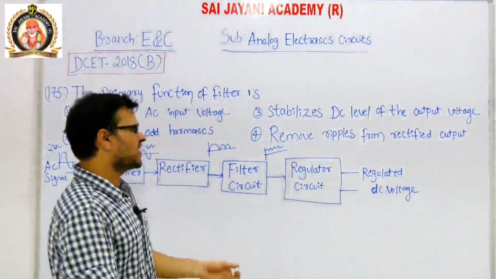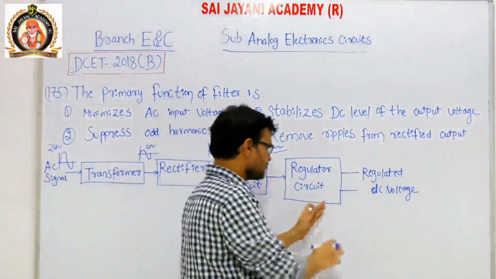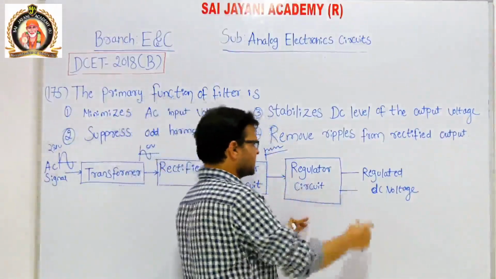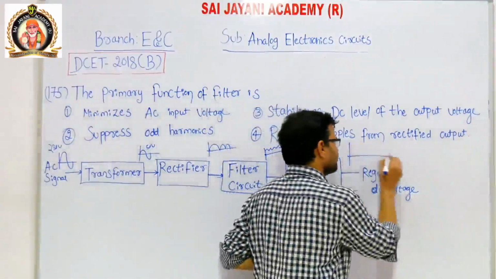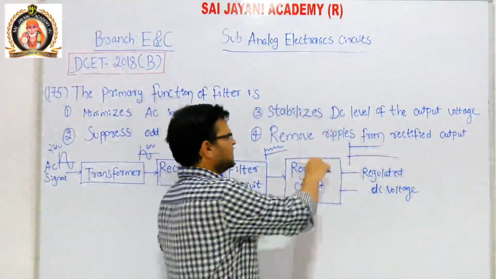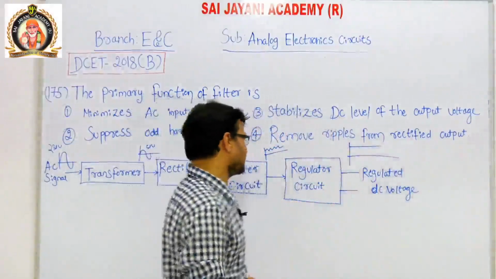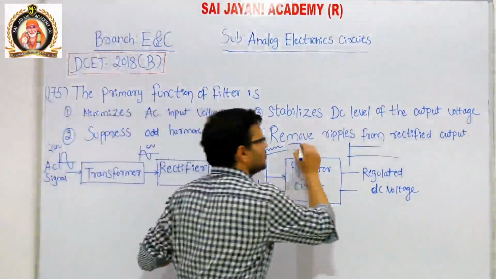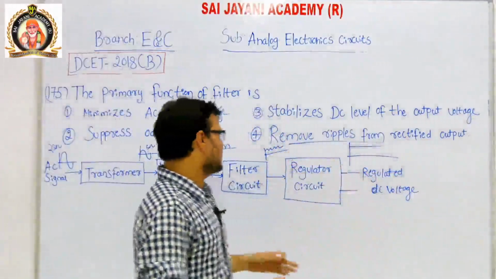In order to remove those ripples, we feed this signal into a regulator circuit. The regulator circuit gives you a constant DC voltage, and it also removes all the remaining ripples. From these options, the fourth option is correct, that is, it removes the ripples from the rectified output.